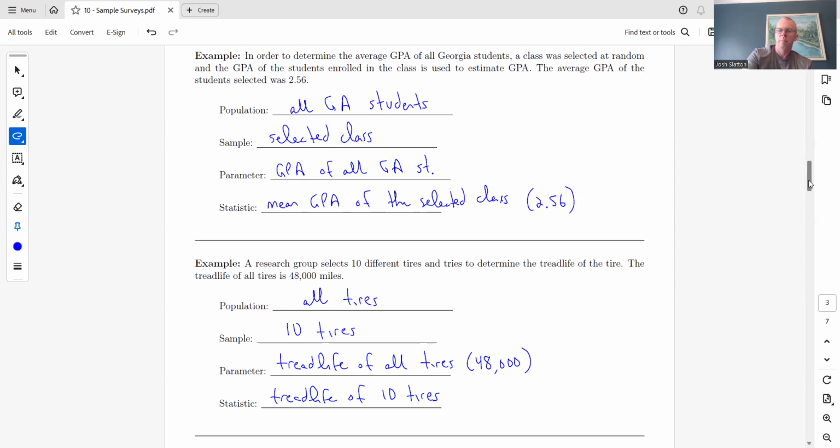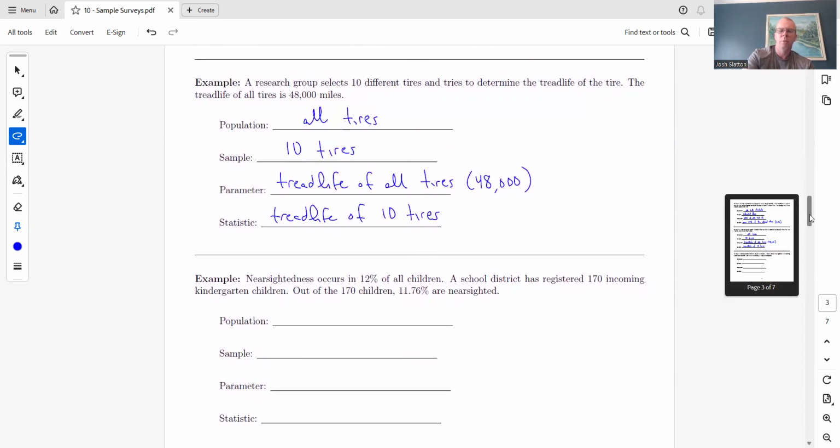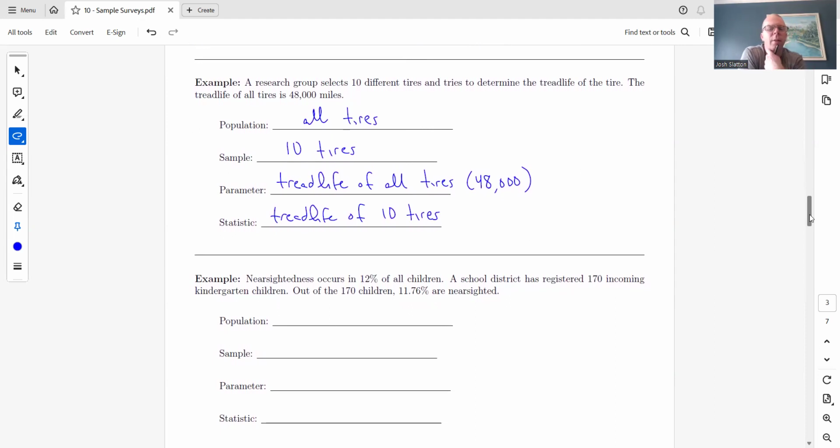All right, moving on to the third example. We have nearsightedness occurs in 12% of all children. A school district has registered 170 incoming kindergarten children. Out of the 170 children, 11.76 are nearsighted. So the population would be all children.